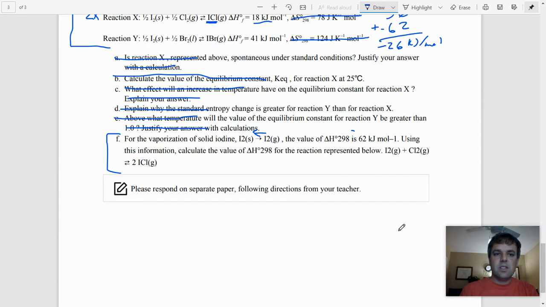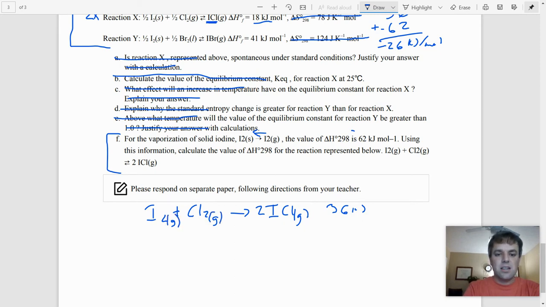If you're a little uncertain about this, if we took that first equation and doubled it, it gives us I2 gas plus Cl2 gas makes 2 ICl gases, and when we doubled that, it was 36 kilojoules. And then we're going to take I2 as a solid makes I2 as a gas, and that's negative 62.